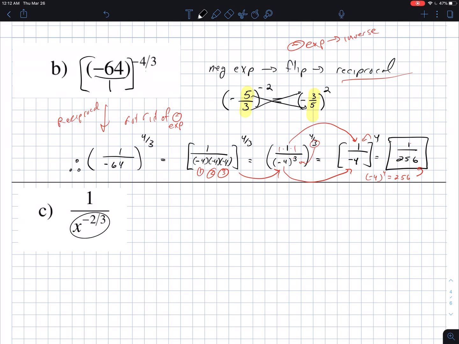So that denominator will shift right up to the numerator, right? And this will shift right down, right? No. Why? Because there's no negative exponent. There's nothing there. So that still stays. So this is 1 times x to the 2/3, or x to the 2/3.